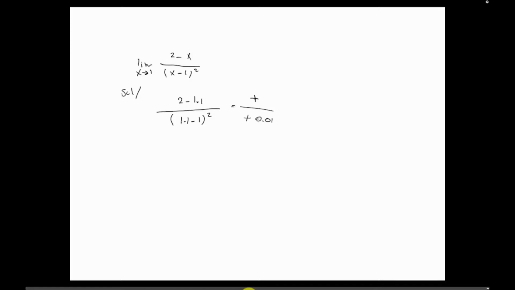And the closer I get the value of x to 1, the smaller the denominator becomes. So this means the denominator becomes smaller and smaller, but our fraction becomes bigger and bigger, because whenever the denominator gets smaller, the opposite happens to the fraction.